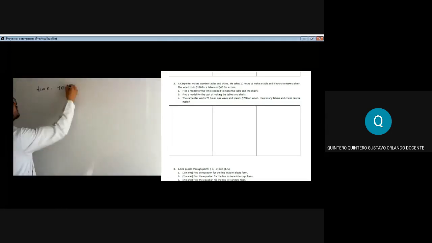Also, I don't like to call it x here. I like to write it as t for tables. But yes, this is exactly the idea. So the time it'll cost to make just tables will be 10 hours for each table we do. Let me just write this t using a different color.